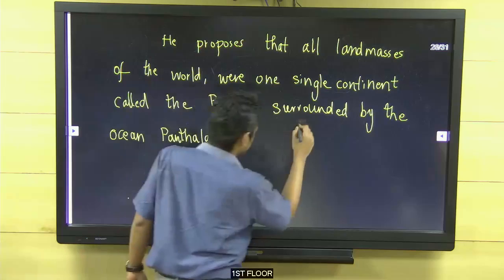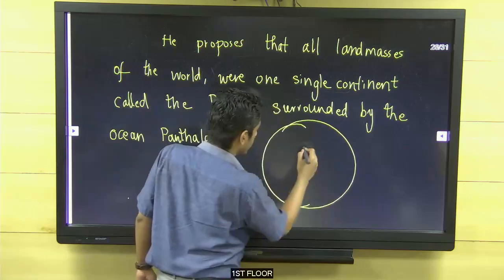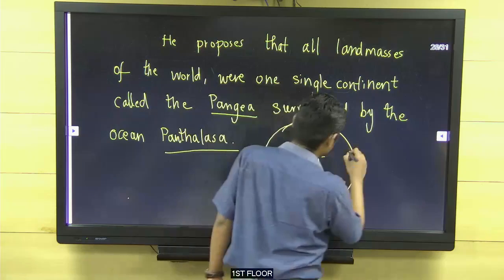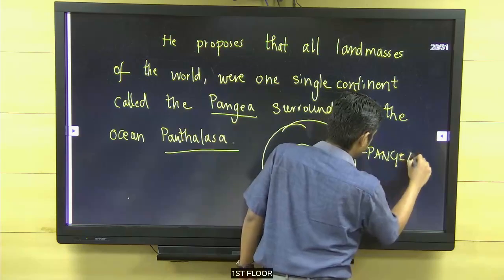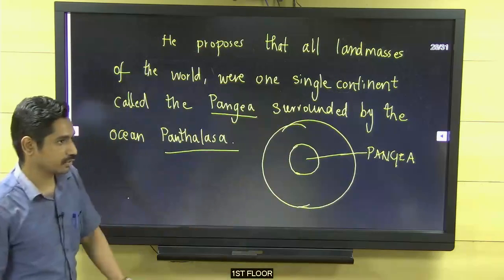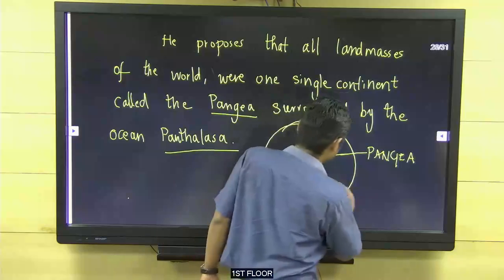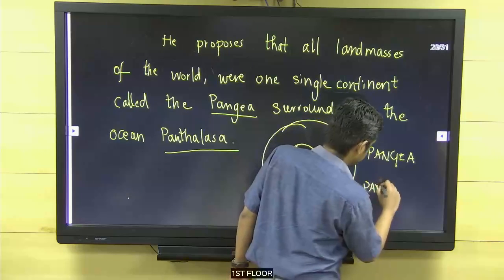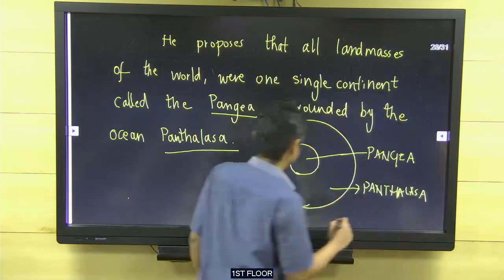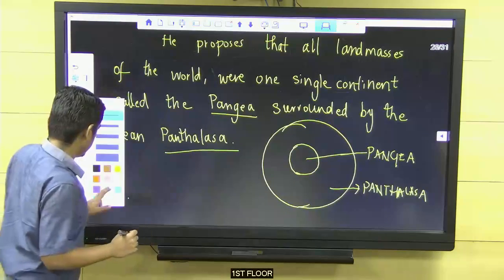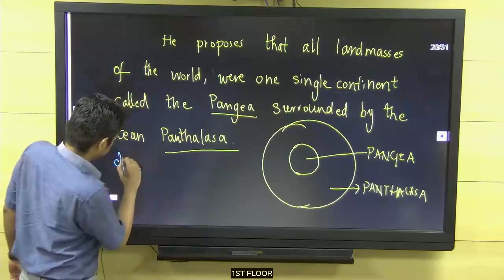So I told you, a bizarre statement. No one ever tried stating these things. Maybe they did not have the guts, but this person said, you just had one single continent. That's it. Everything was together. Pangaea, and Panthalassa is the ocean. And this was during the Carboniferous time period.